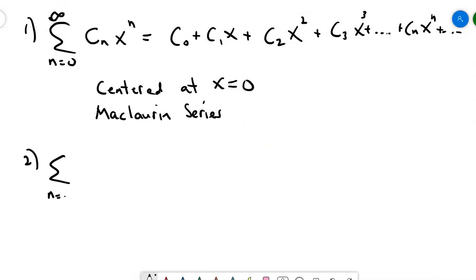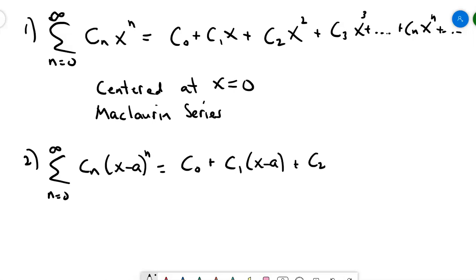The sum from n equals 0 to infinity of all the c sub n times x minus a to the n's looks like what? C sub 0 is the first term, right? And if I do an x minus a to the 0, I just get 1, so there's no need to write that out. The next one will be a c sub 1 times x minus a. The next one will be a c sub 2 times x minus a squared.